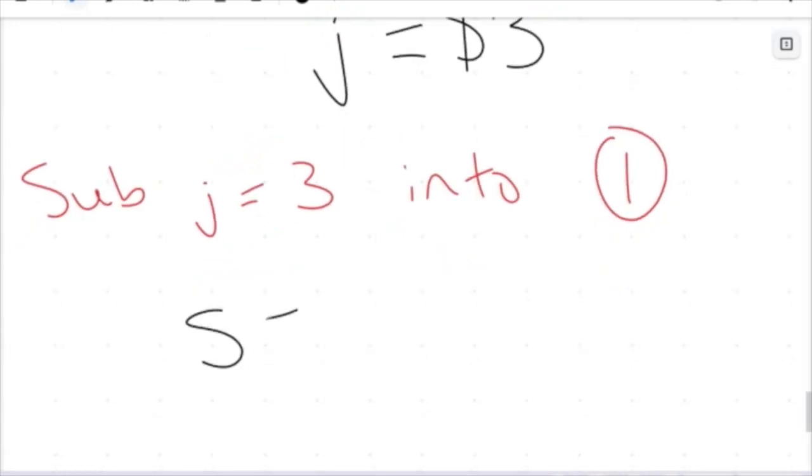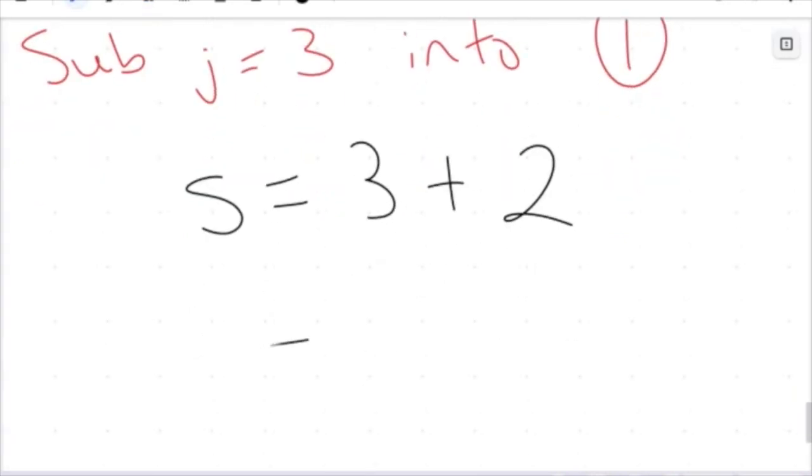So my shake equals my juice plus 2. And I'm substituting in J equals 3. So that goes into here. So my shake is 3 plus 2. That gives me $5.